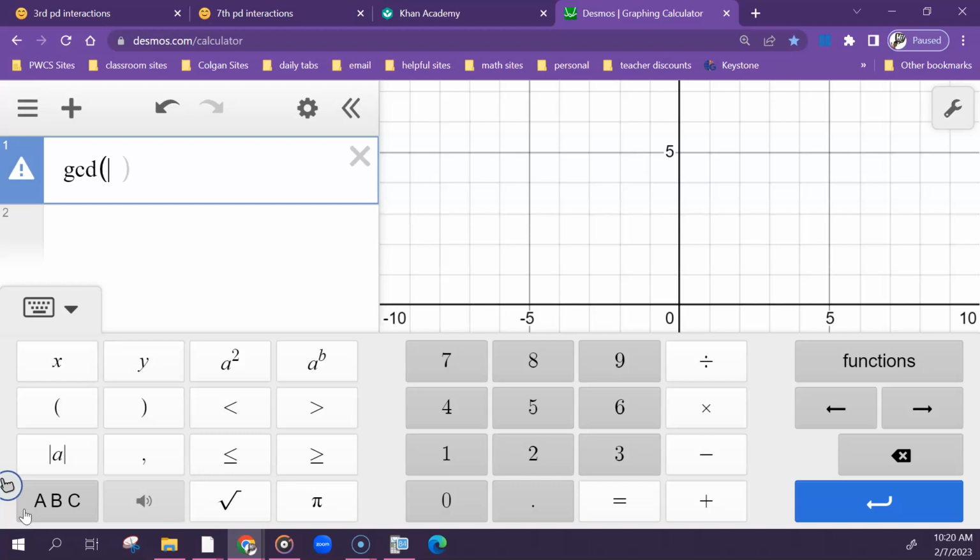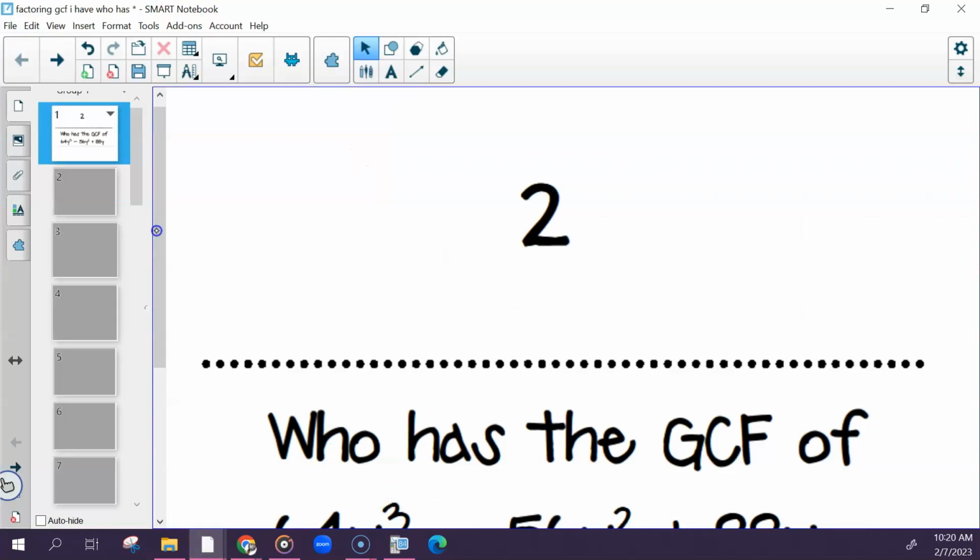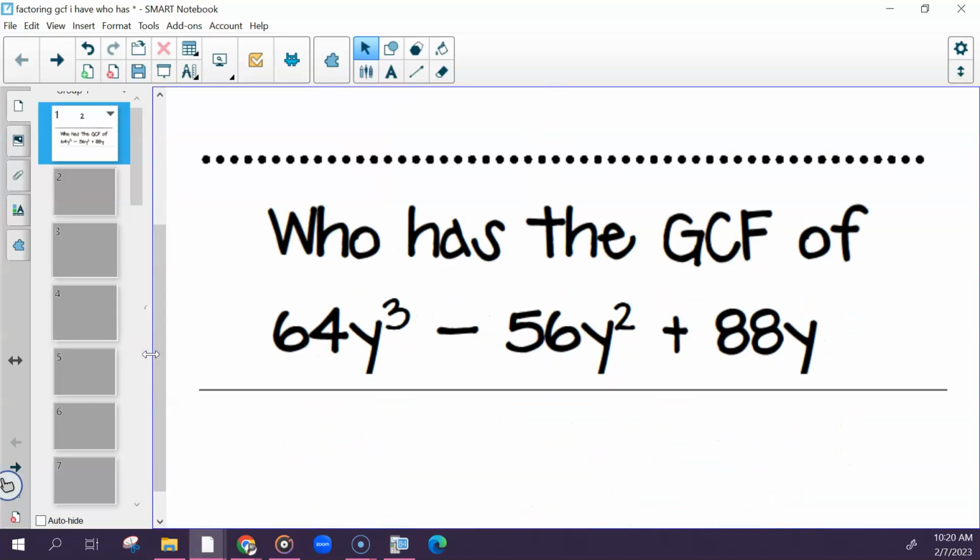Okay. So as we are doing this, the very first card is 2, and I'm going to be showing these on the board so you can also see them. And then I would say, who has the GCF of 64y to the third minus 56y squared plus 88y? If you know off the top of your head, that's great.